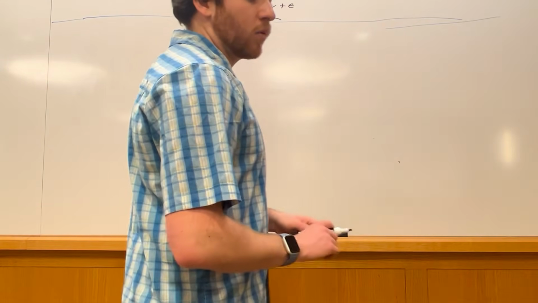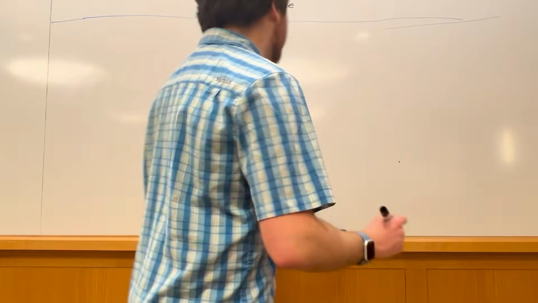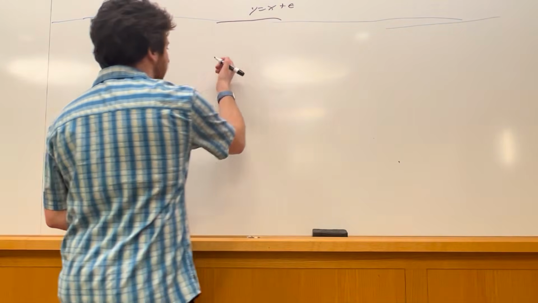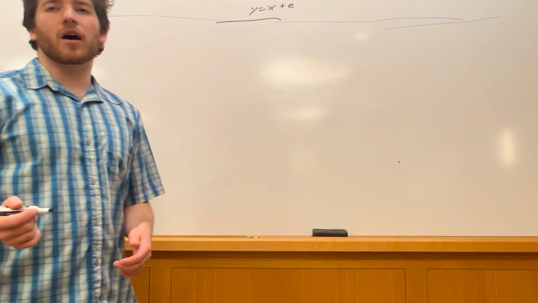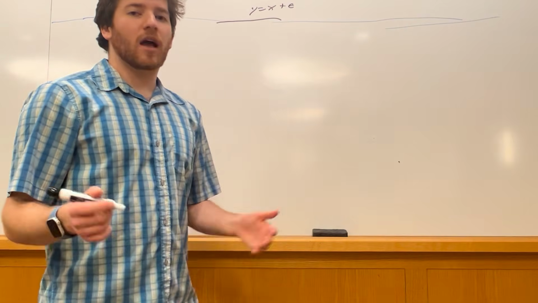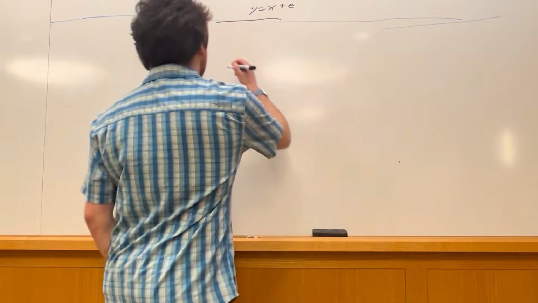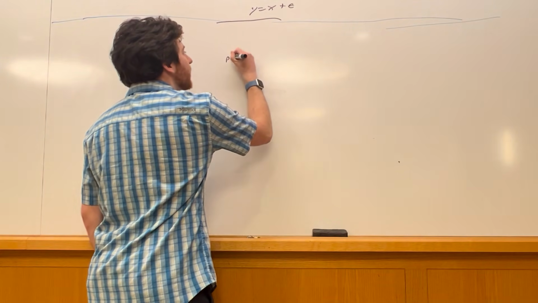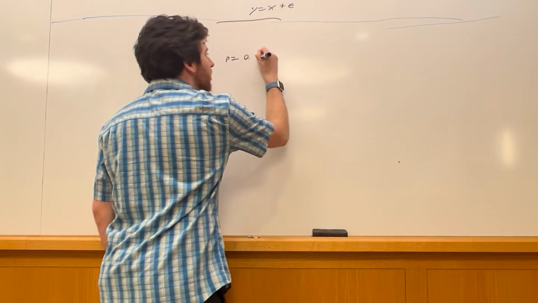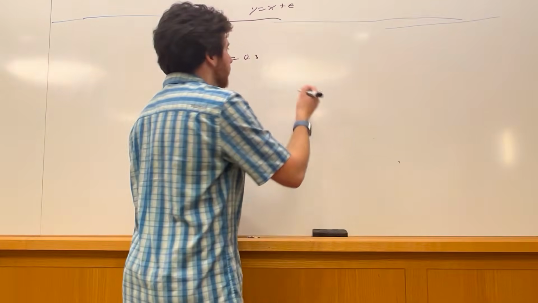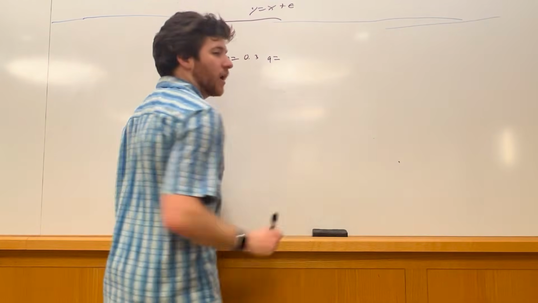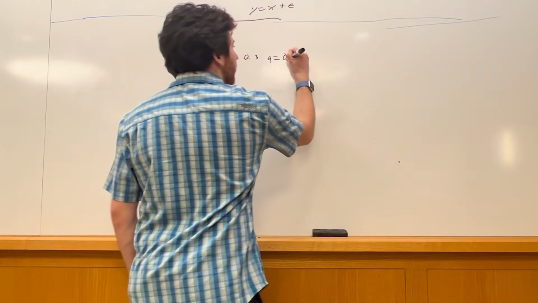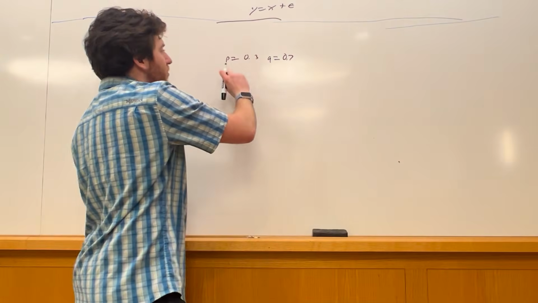Let's talk about what it means for there to be heterozygosity. Heterozygosity is a measure of how many heterozygotes you have. So if the allele frequency of P is equal to 0.3, that means Q, the other allele at this SNP, is going to be 0.7, or 70% of them will be Qs and 30% will be Ps.